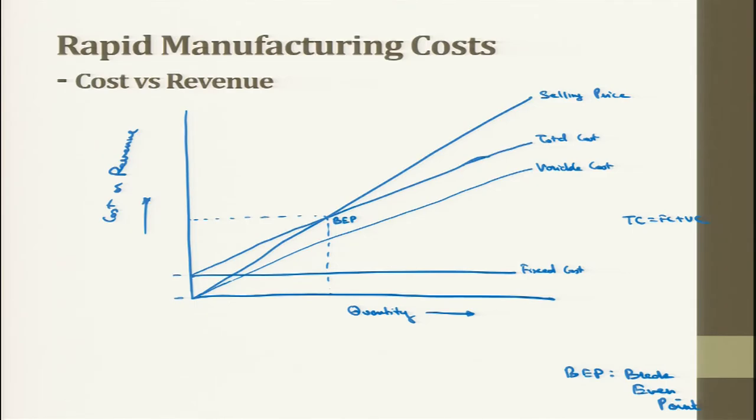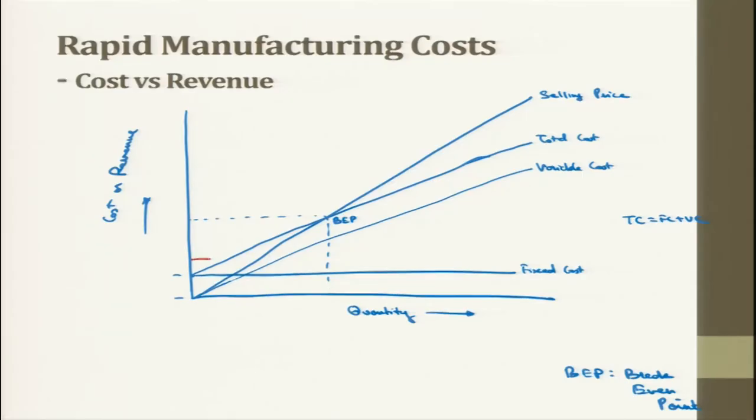What if I try to draw this for rapid manufacturing? Rapid manufacturing may change the fixed cost. If we try to inculcate rapid manufacturing in the present scenario, for instance, a factory has a traditional setup, and rapid manufacturing or additive manufacturing is something most of the companies have to adapt in recent times. So, in that case, what happens? The fixed cost of purchasing some more equipment would rise.